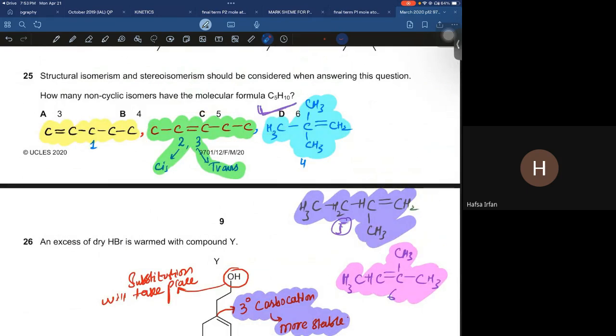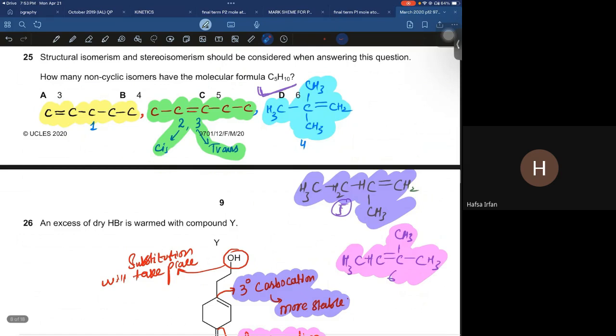And what is this? First you make cis and trans for this, then give it a name. Of course this is different, of course different. It's pent-1-ene. So all are different, so all are isomers of each other. Simple.